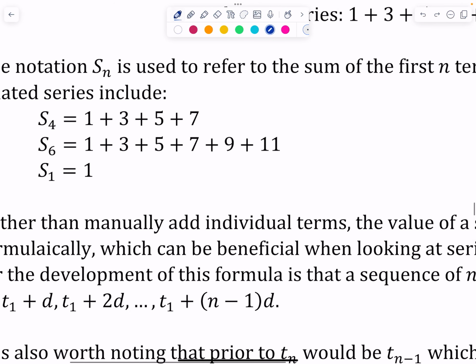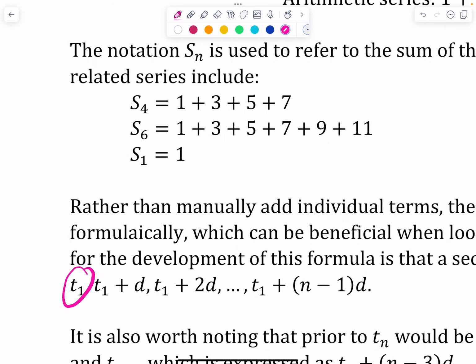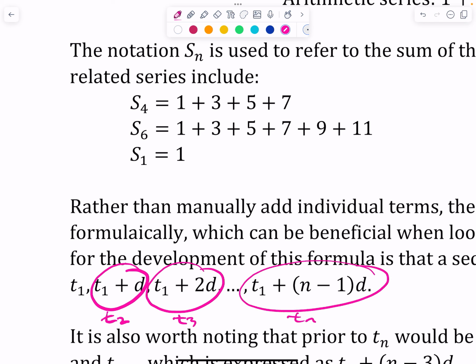this is of course term 1. Over here, T1 plus d, that's T2. And if we add another difference to that, we get T3, so on and so forth. And at the very end, we have Tn.